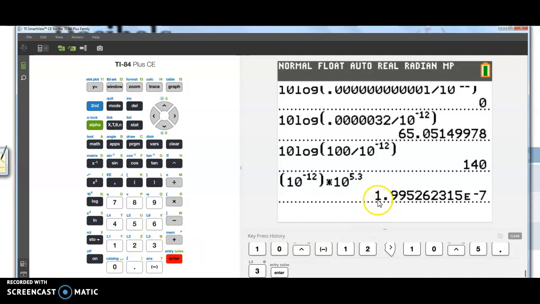All right, so it gives me a number that is in scientific notation, and I know that because of the little e out here. And so I would round this number off to 2, or 2.0, because of the 9 and the 5. And then this negative 7 means that it is a very small decimal. I need to move my decimal point 7 places. So I would move it 1 and then 6 more. So that means I'm going to have 6 zeros and then a 2.